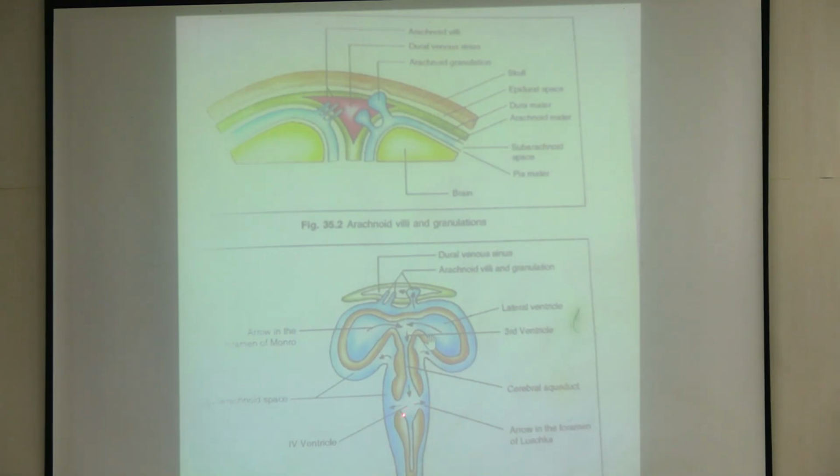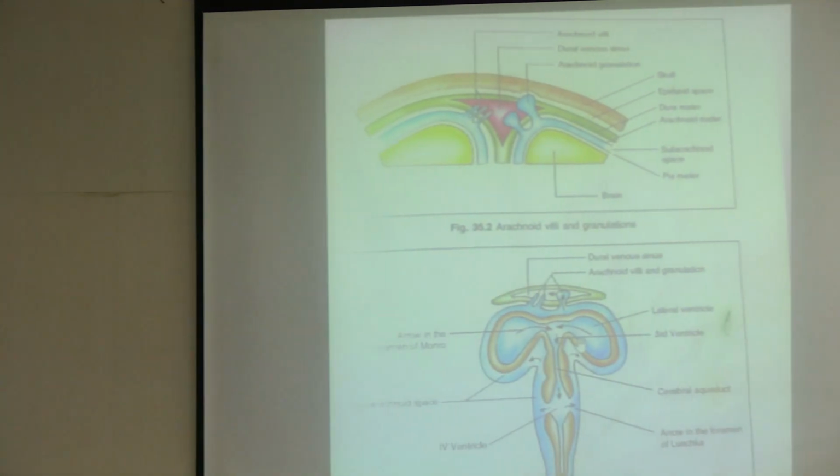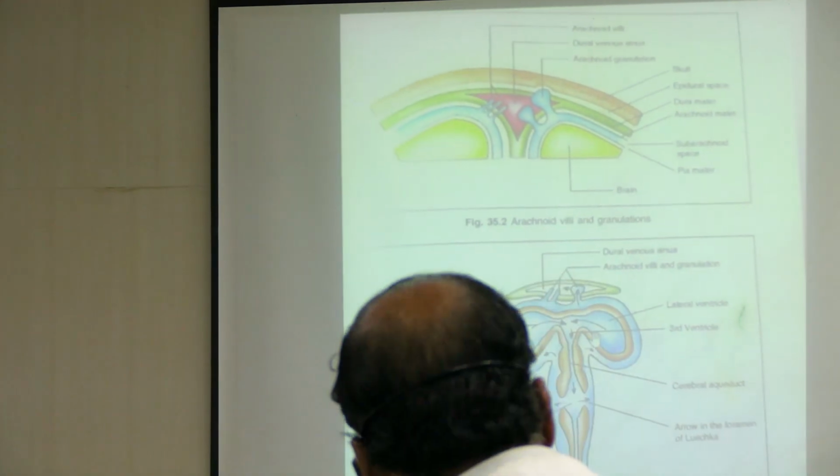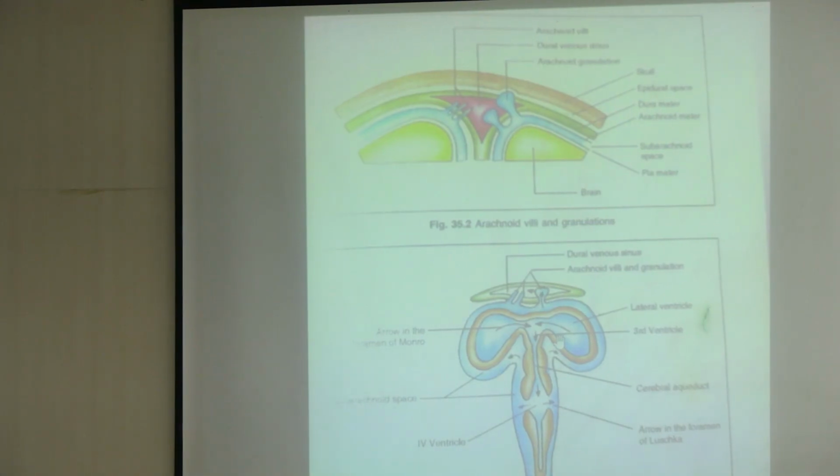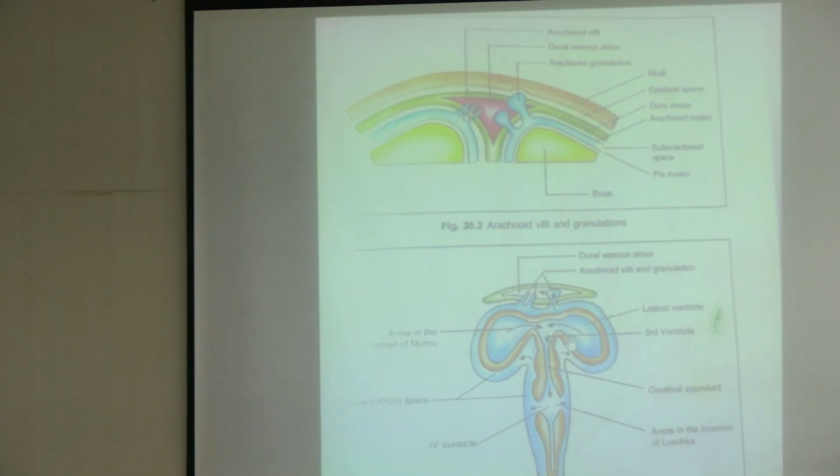Here you see there are openings: two lateral openings, the foramina of Luschka, and a median opening, the foramen of Magendie. Now after formation, the cerebrospinal fluid within the ventricle goes from the lateral ventricle to the third ventricle.